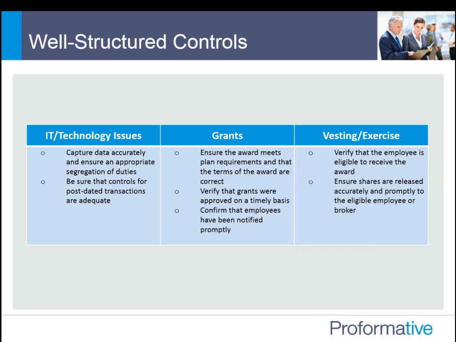Vesting and exercise. If you have a third-party administrator or a broker that executes your exercises and vestings, your controls must be in place to make sure that their system stays in sync with what you have with your internal system. If you decide to use a broker, their system may provide you various options when you exercise, such as do you allow an employee to increase their federal withholding.